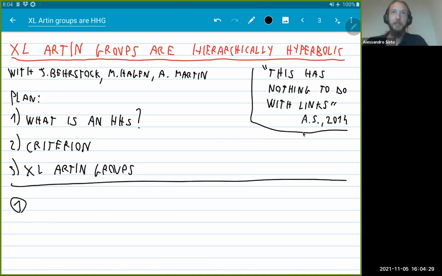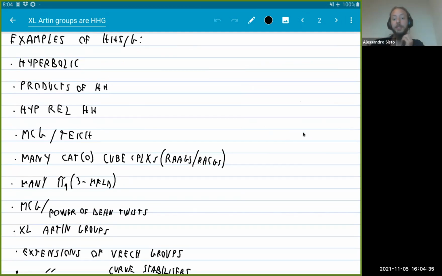Let me start with a list of examples which I pre-wrote here. This is a notion which is supposed to generalize hyperbolic spaces and groups. Also, if you have a direct product of hierarchically hyperbolic spaces, you're still hierarchically hyperbolic. And if you're hyperbolic relative to hierarchically hyperbolic spaces, you're also hierarchically hyperbolic. These are the basic examples.